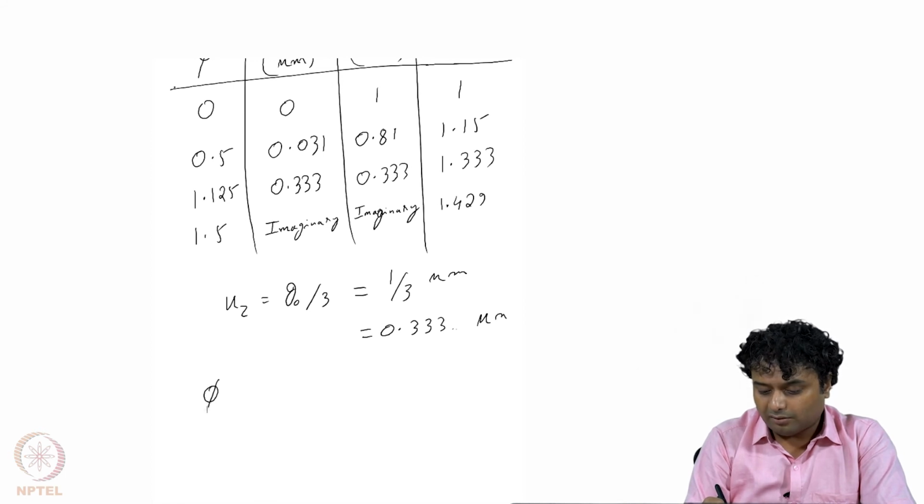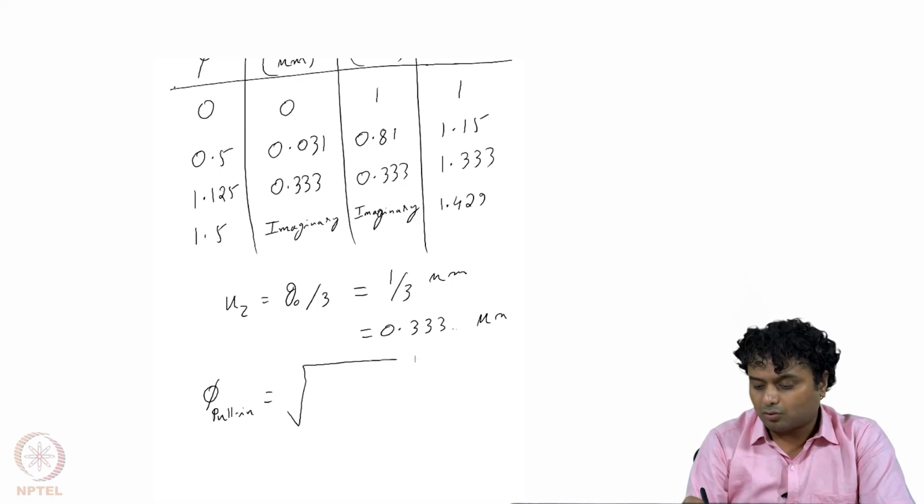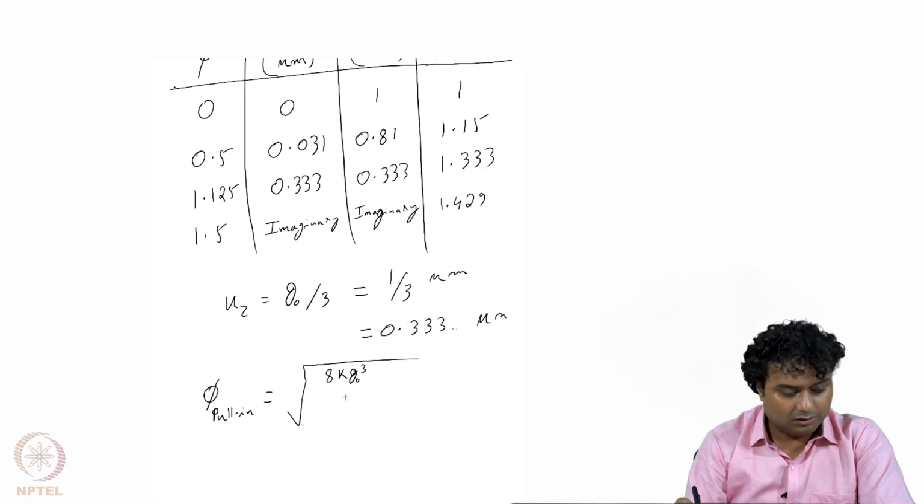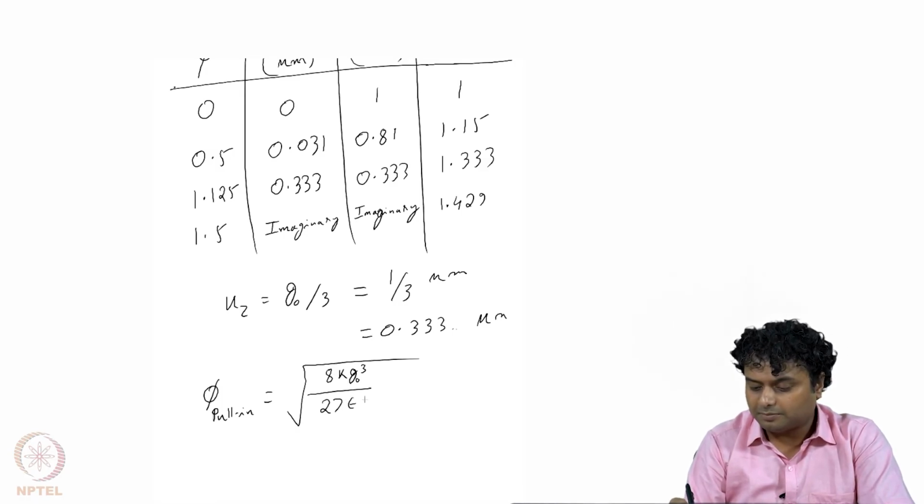And in that case we know that Vp, or phi pull-in, is equal to the square root of 8k g0 cube divided by 27 epsilon a, right.